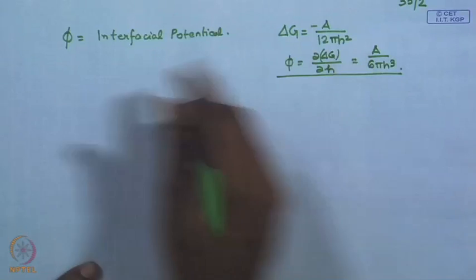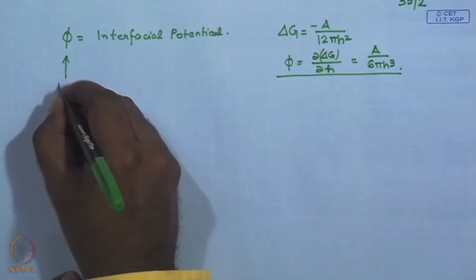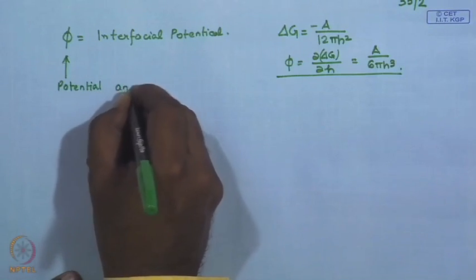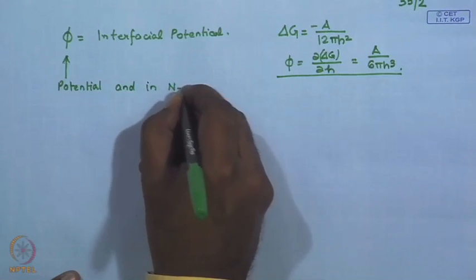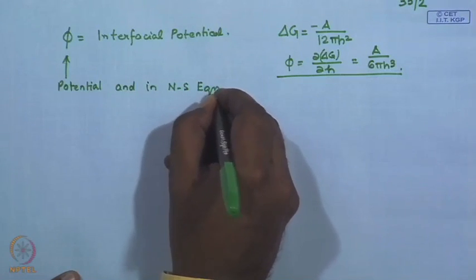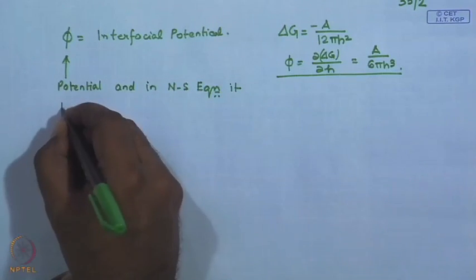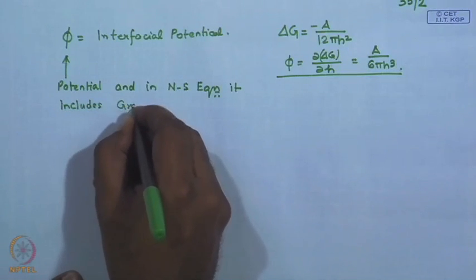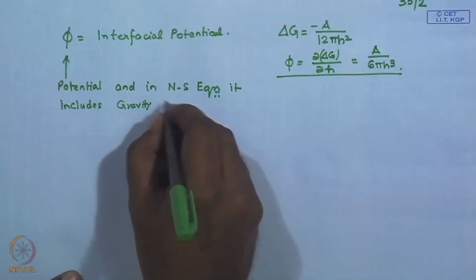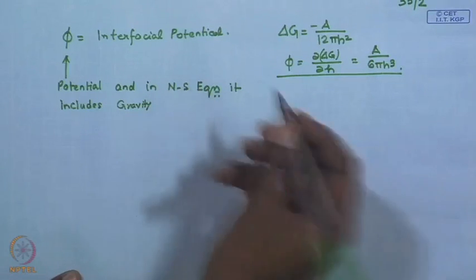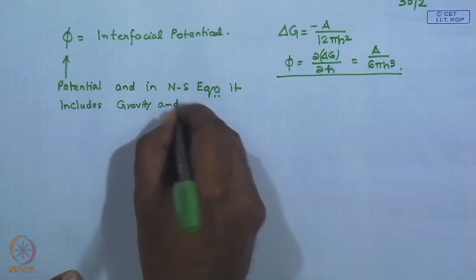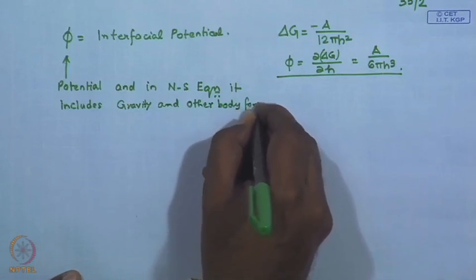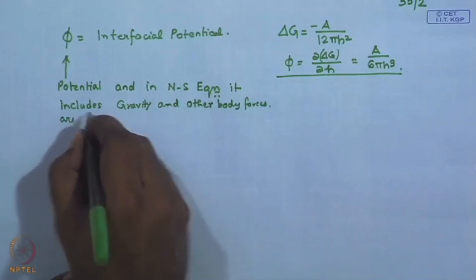So, typically this phi is the potential, and in the Navier-Stokes equation it includes gravity and other body forces, which are neglected.